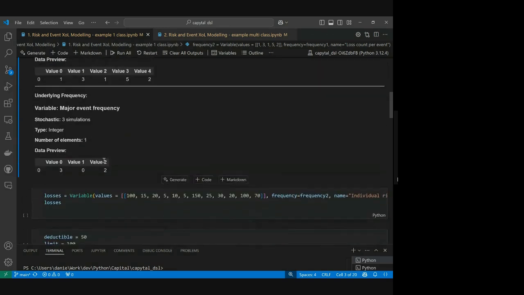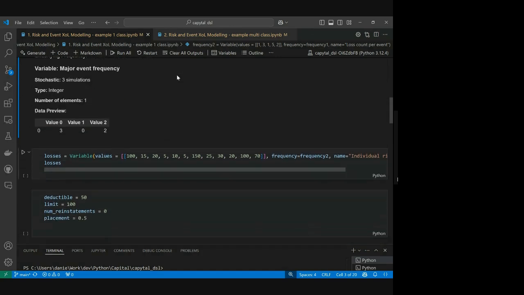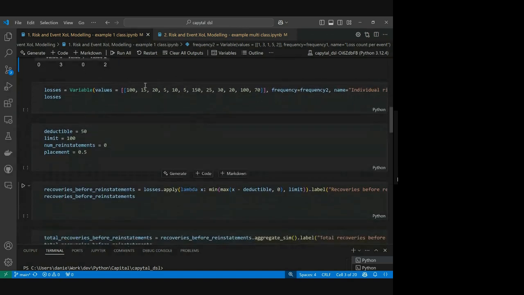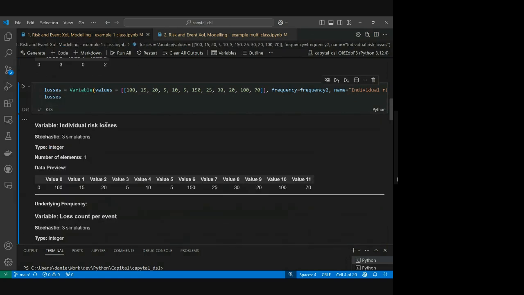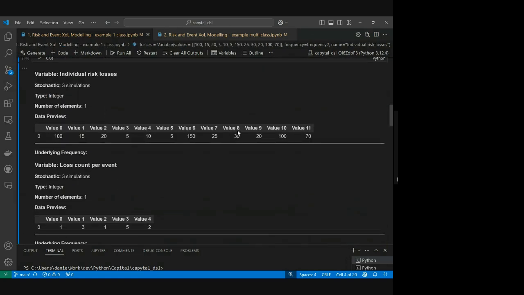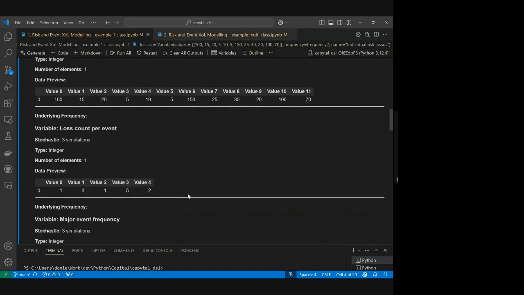So if we look at our losses here, I've got 1 plus 3 plus 1 plus 5 plus 2. So I've got 12 individually affected assets across the whole set of simulations and all the events modeled. And so these are those 12 losses that we've just got for the example. So we can see here we've got these individual risk losses of these amounts, and this is the underlying frequency structure that they correspond to.